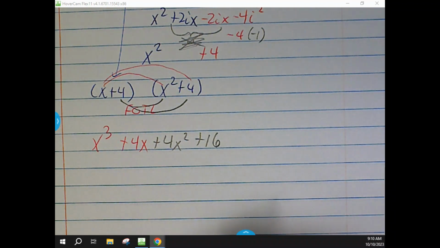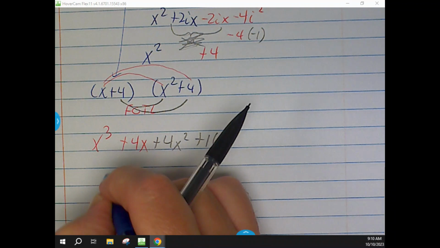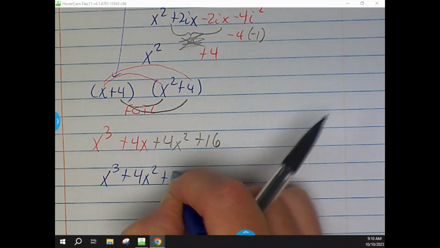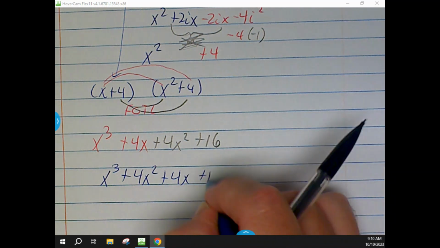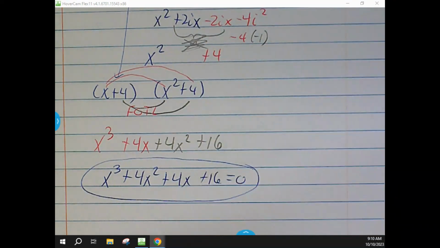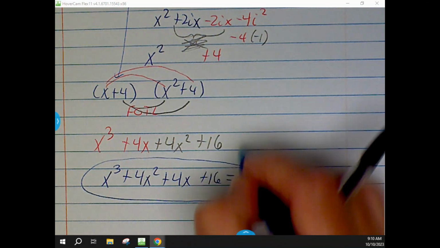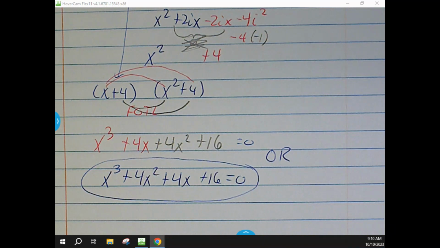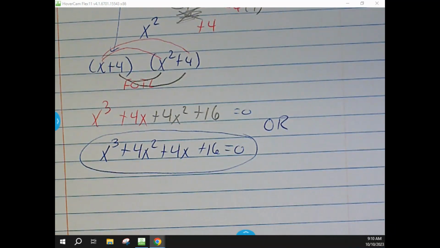They probably would rather you write it in descending order, put it back in standard form. So if you do that, then that would be the answer that we're looking for there. But again, I think they would probably take either answer in that case, and it'd be fine.